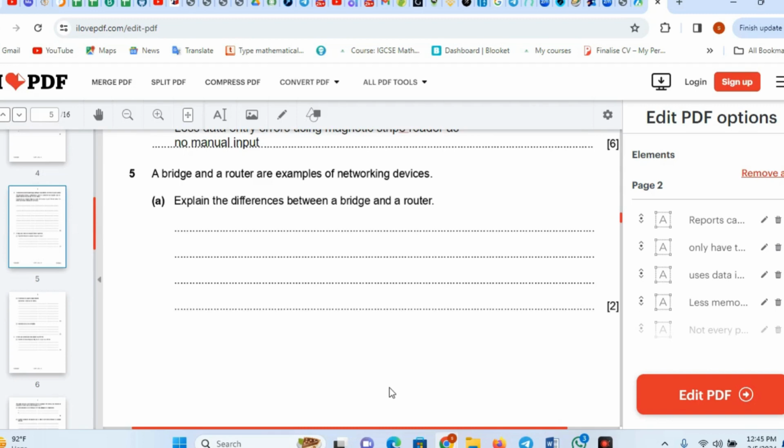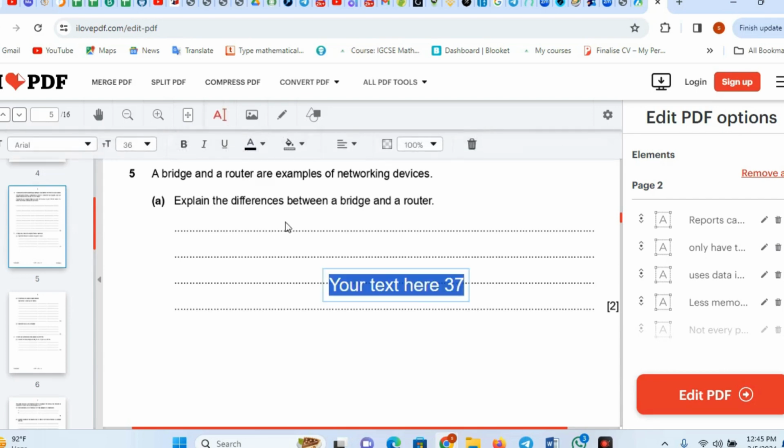So any of the method will be acceptable. So now what are the differences between a bridge and a router? One is that a bridge connects two LANs.